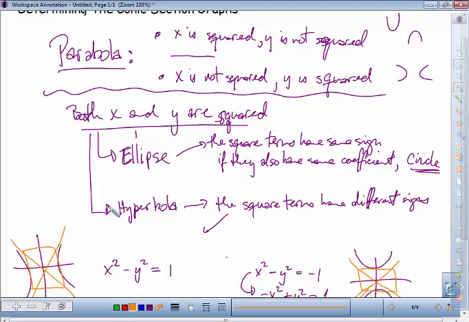So that's a rundown of the last couple of lectures that we've been looking at. And today what we want to do is tie in the conic sections with the polar coordinate functions, and then from there maybe look at it from a parametric point of view as well.